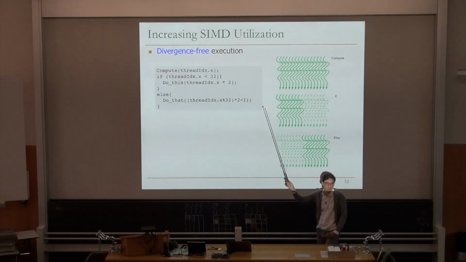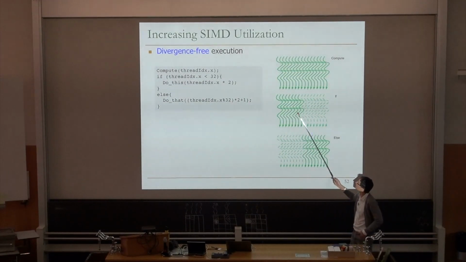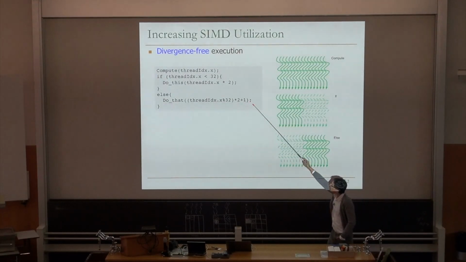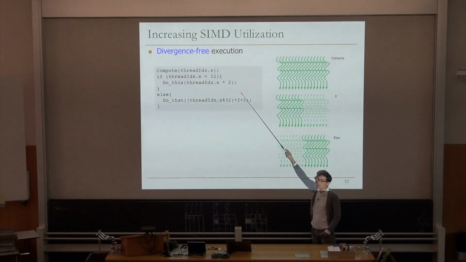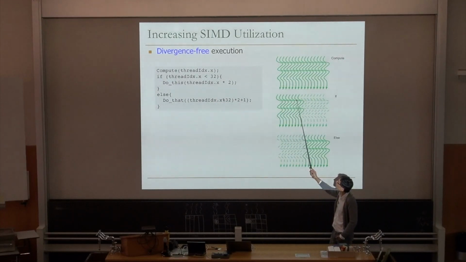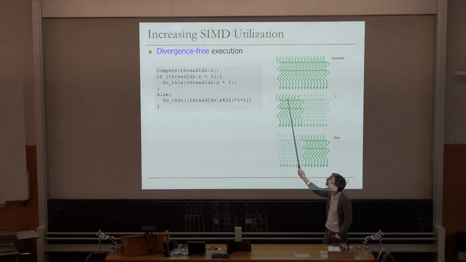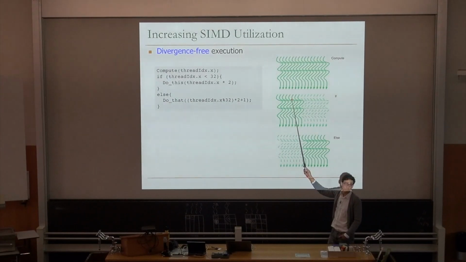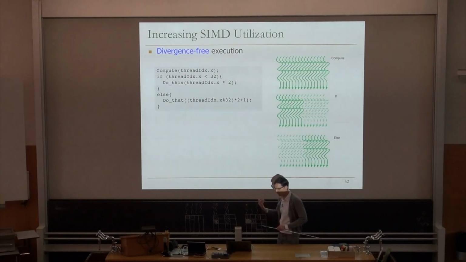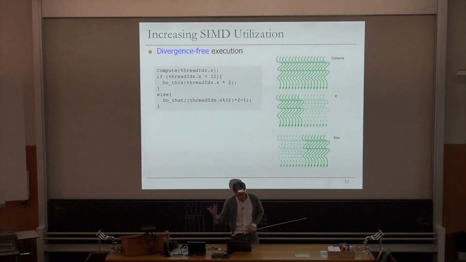Here you can look at the detail of the code by yourself. The if path that was executed by the even threads is now executed by those threads that have a thread ID lower than 32, and the else is executed, instead of by the odd threads, by the threads that are greater or equal to 32.